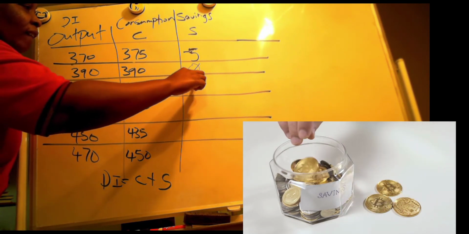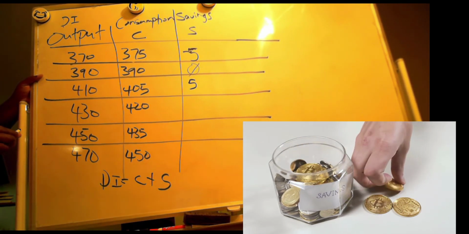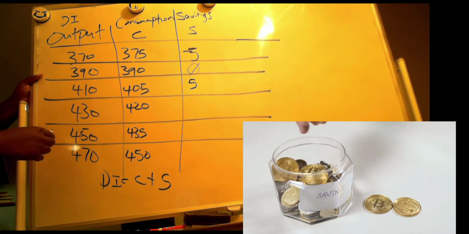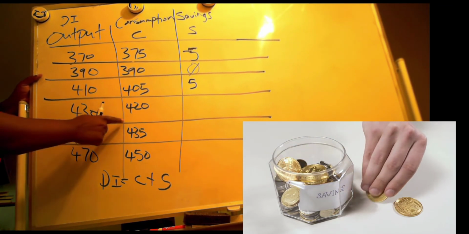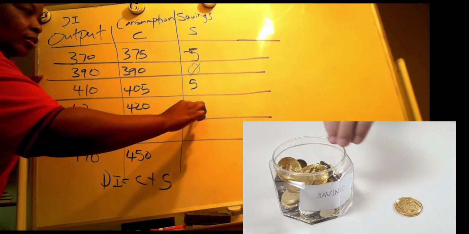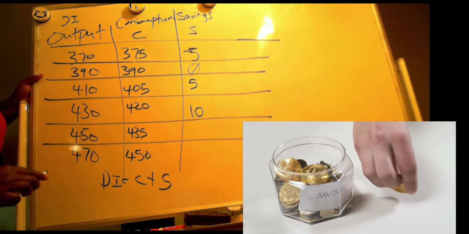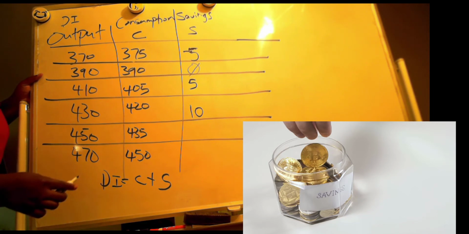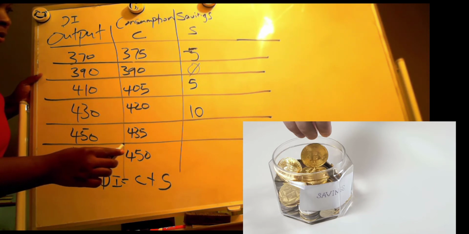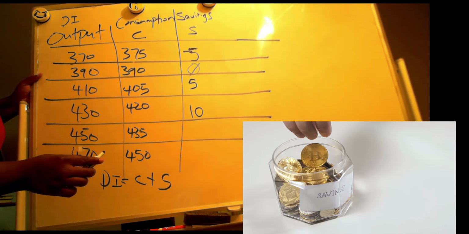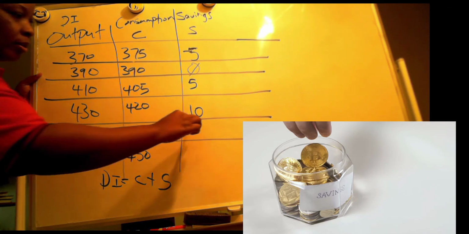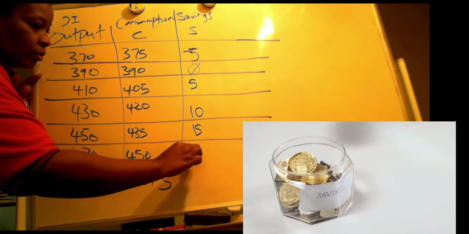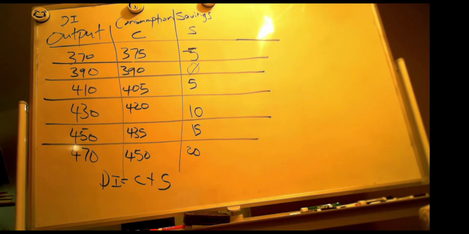There we go, 5. We could keep going. 430 and 420, you're saving 10. These numbers just happen to be set up real simple. So that's partially how this table works.